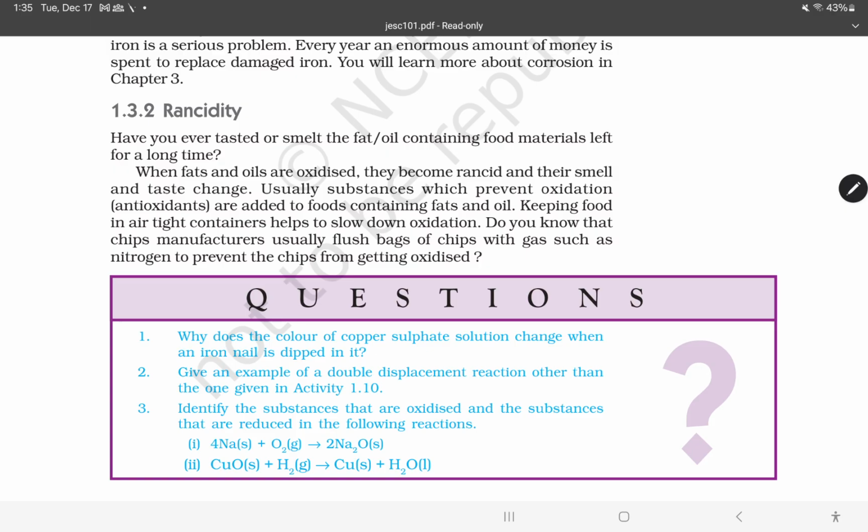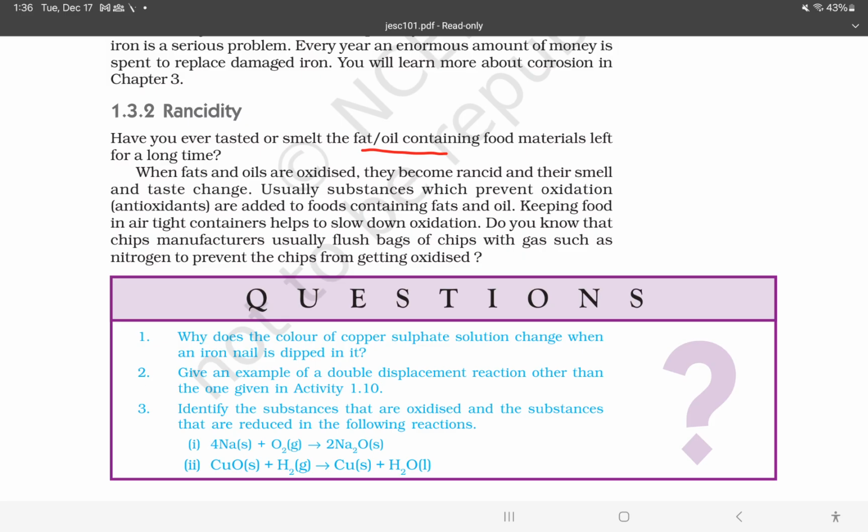Another one, rancidity. What is this? We prepare some pickles at home, right? And they contain some oil. Whenever these kinds of foods are left like that, you will find a layer forming, and even the texture changes. When you put the pickle, it is a very bright red color.